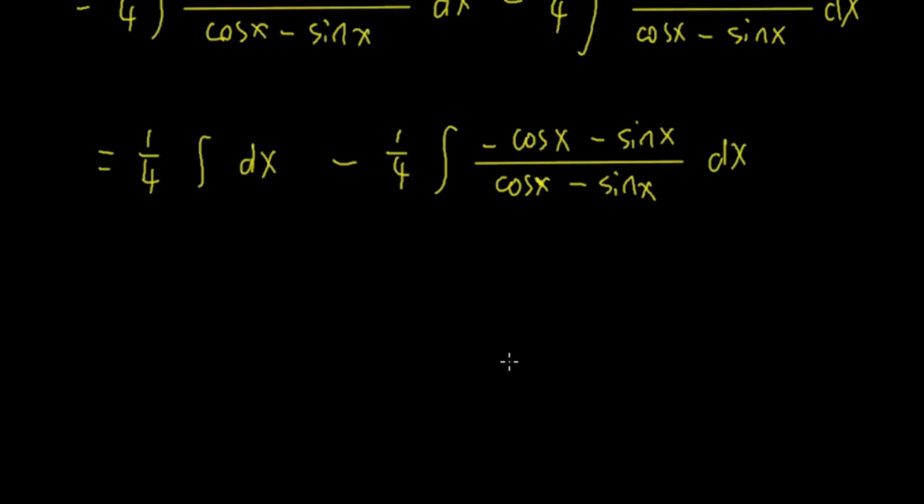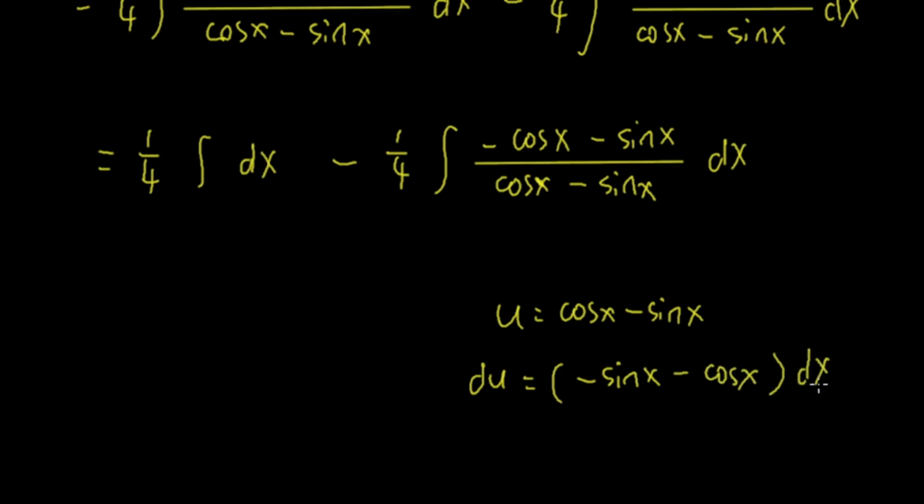Okay, now for this, let's use the substitution method. So I will let u equal the bottom. So u equals cosine x minus sine x. Then what's du equal to? du will be equal to, now, derivative of cosine x is negative sine x, and derivative of negative sine x is negative cosine x. So now times dx.